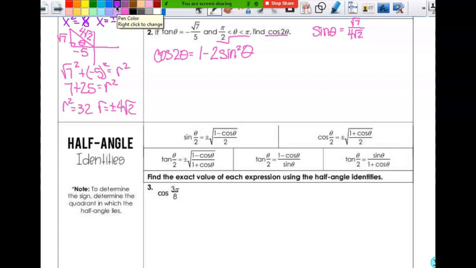All right, so I substitute in, and I'm going to get 1 minus 2 times the square root of 7 over 4 square root of 2, squared. So that gives me 1 minus 2 times 7 over. Now, when I want to square 4 square root of 2, that's something I should totally be capable of.